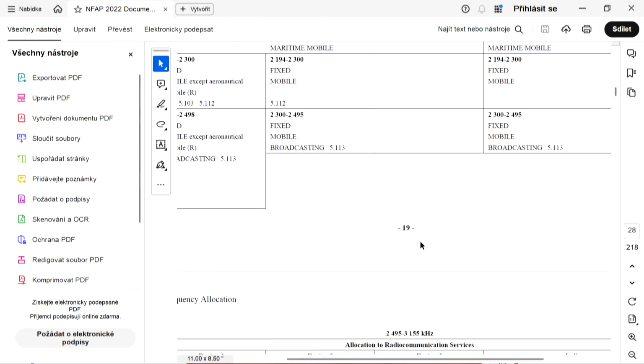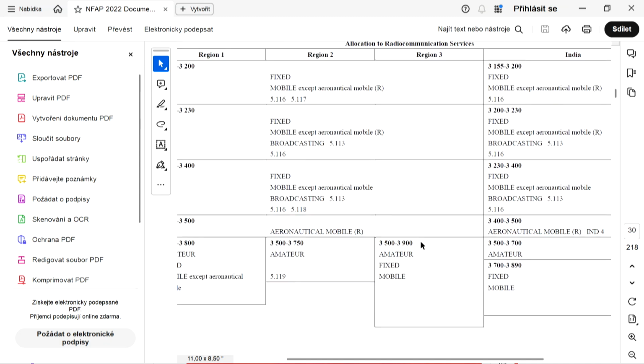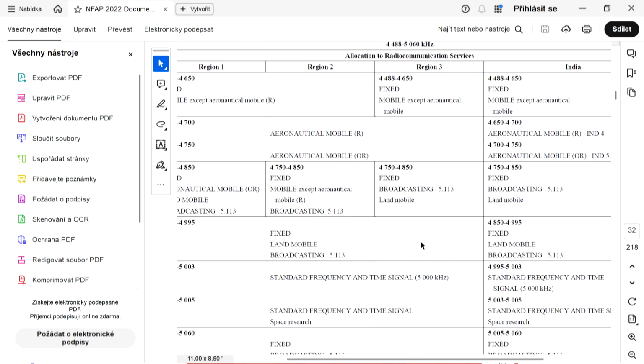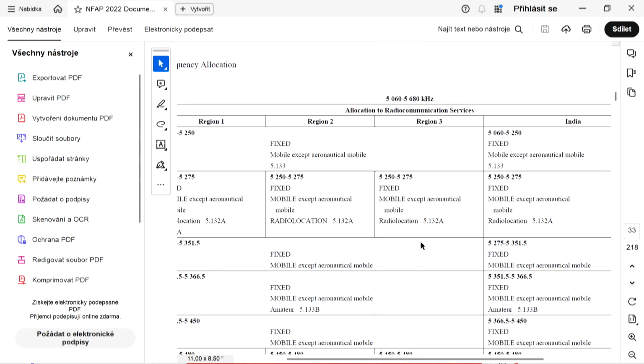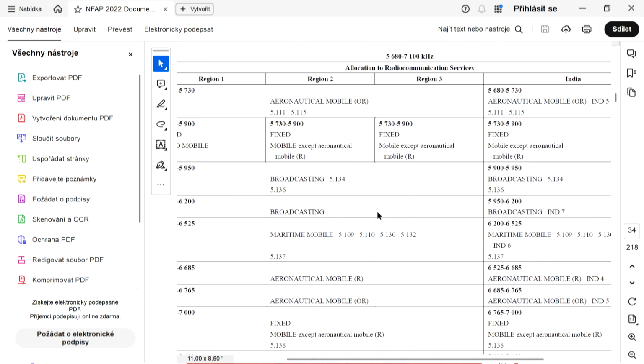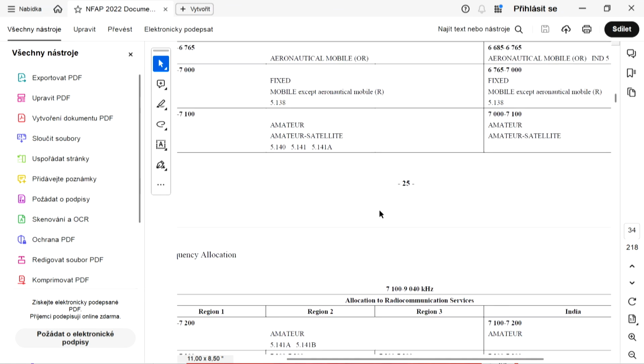We go for some interesting frequencies for us. 4 gigahertz. Okay, radiolocation about 5 gigahertz. You can see, and so on. I don't want to say boring table, but you can see everything, where is everything.